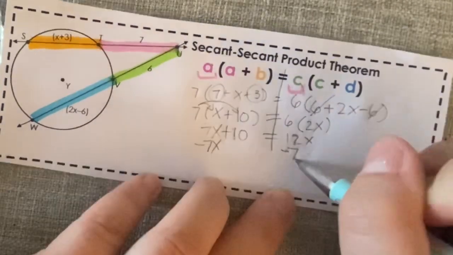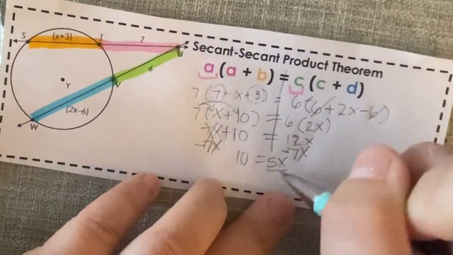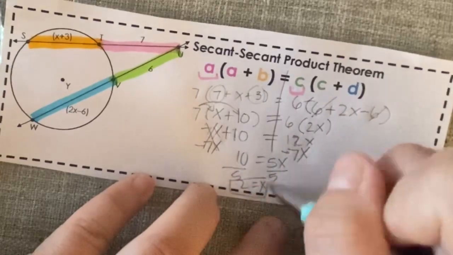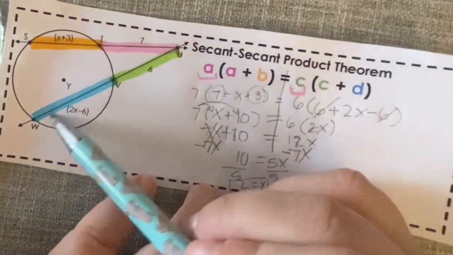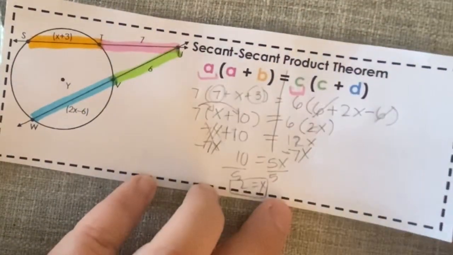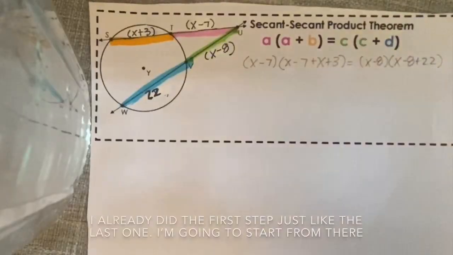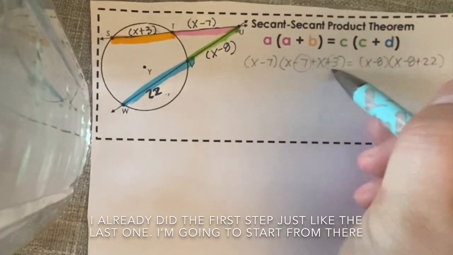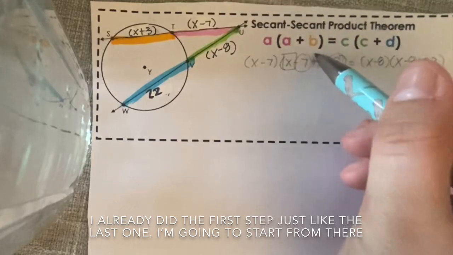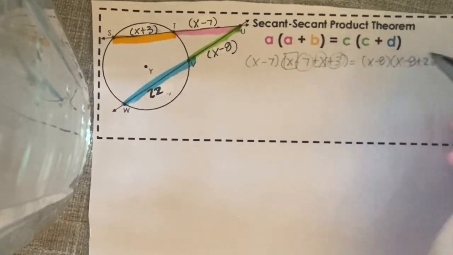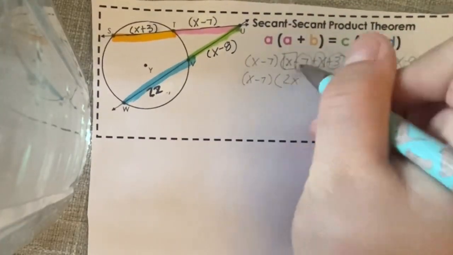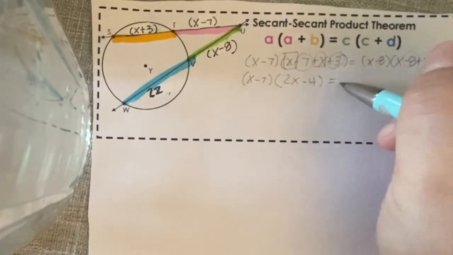And solve like normal. And same thing, if we wanted to find the lengths, we would substitute in our x value. Now we're going to simplify this a little bit, combine our like terms that are inside these parentheses. 2x, negative 7 plus 3 is negative 4.